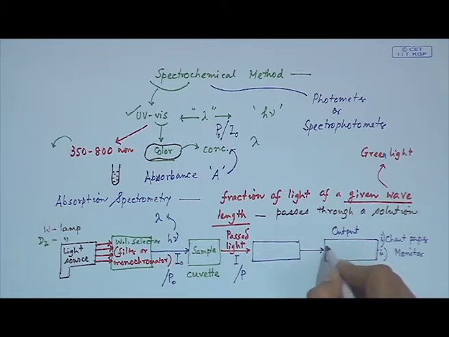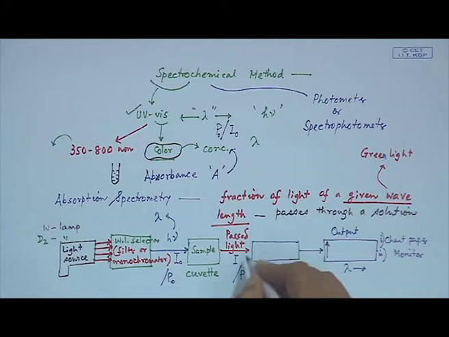Lambda will be plotted against the ratio of these two quantities, P and P0, on the other axis. The x axis will be the lambda that we are scanning, one wavelength after the other, starting from say 350 to 800 nanometer for the whole visible range.